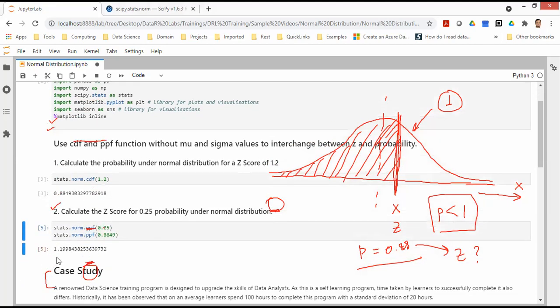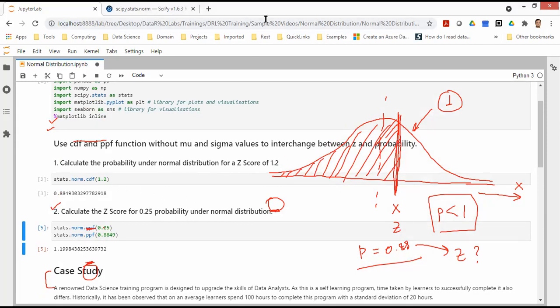Yes, I do get it. Very, very close to 1.2, which is 1.1999. So if I give the entire value of 0.88493039, I would get a value very close to 1.2. So I'm able to confirm that yes, PPF and CDF are the inverse functions to each other.